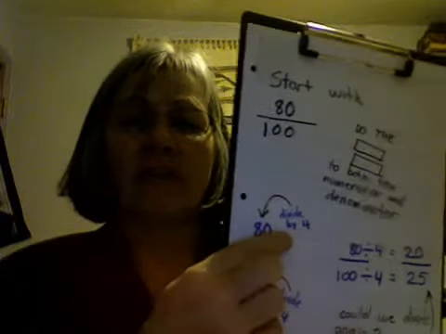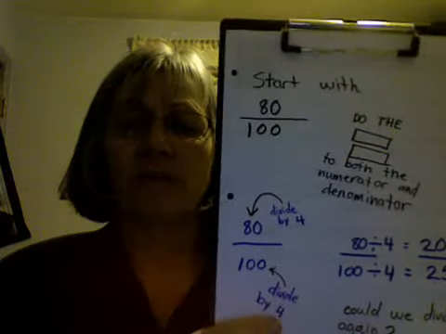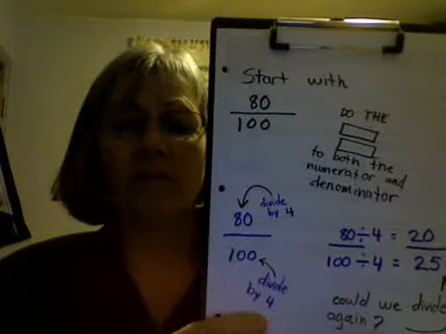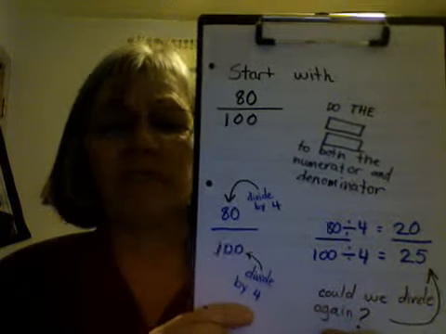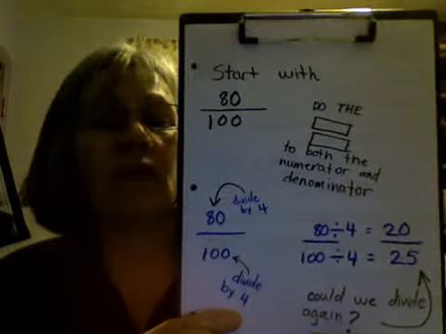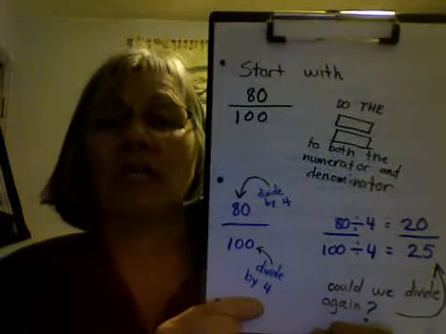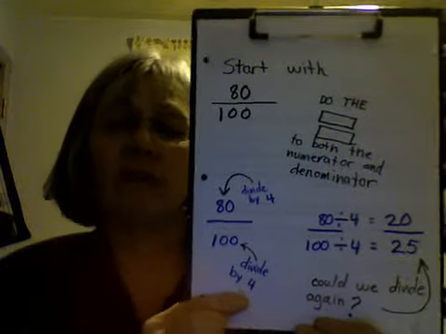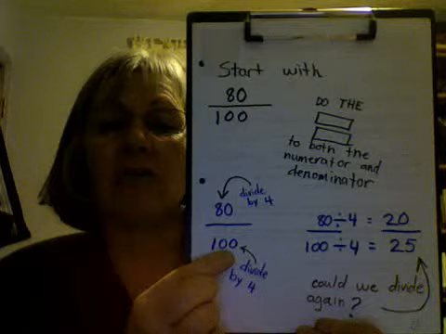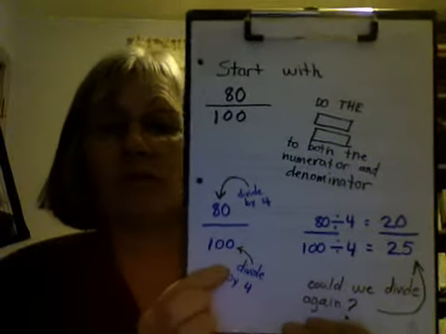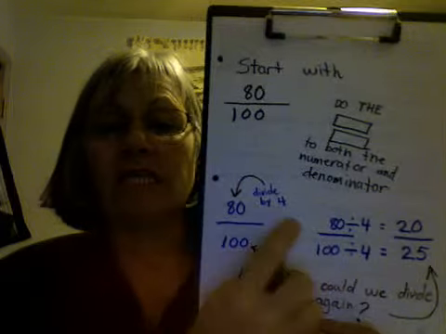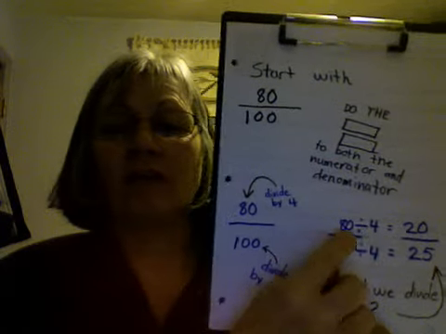Let's divide by 4. On the denominator, we will divide by 4 as well. We must do the same thing. That's only one option for this particular fraction. You might notice that you could also choose to divide by 10 if you were doing it on your own. For this, we'll use divided by 4.